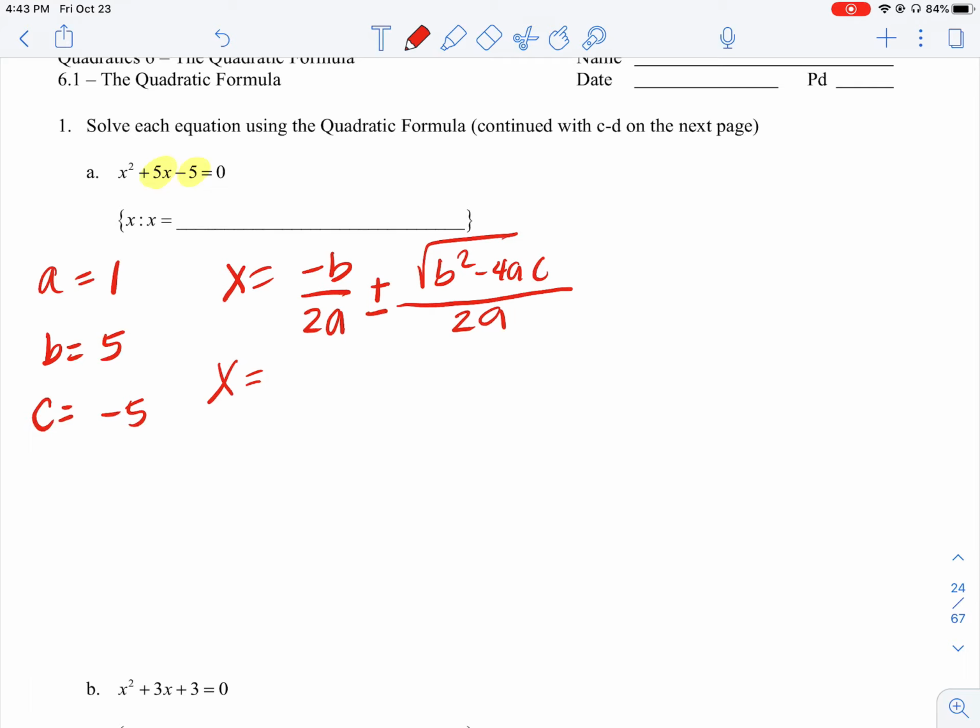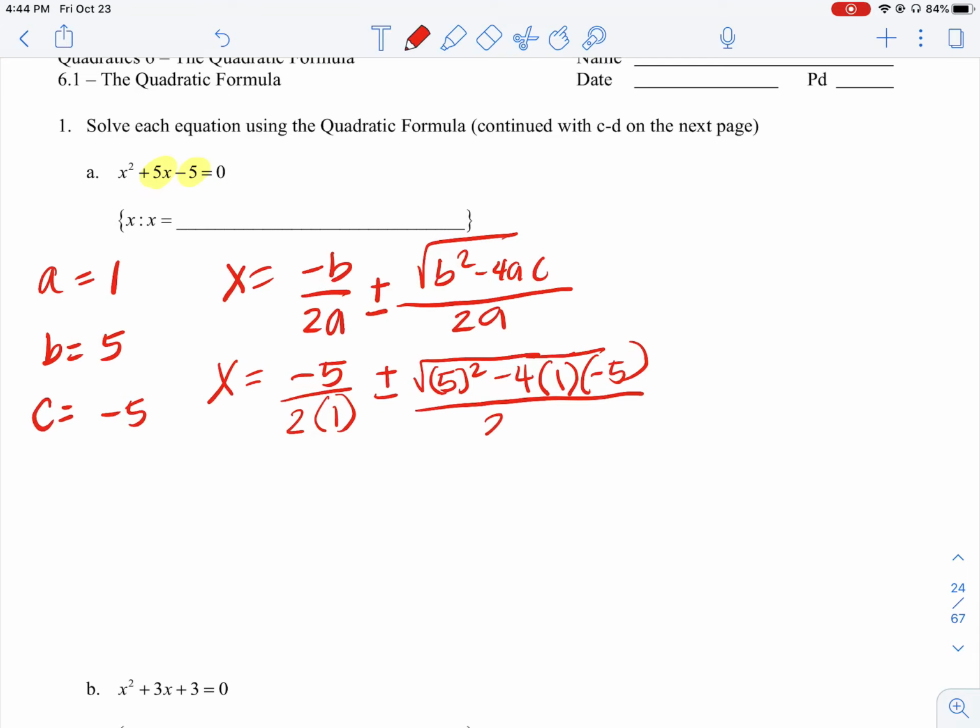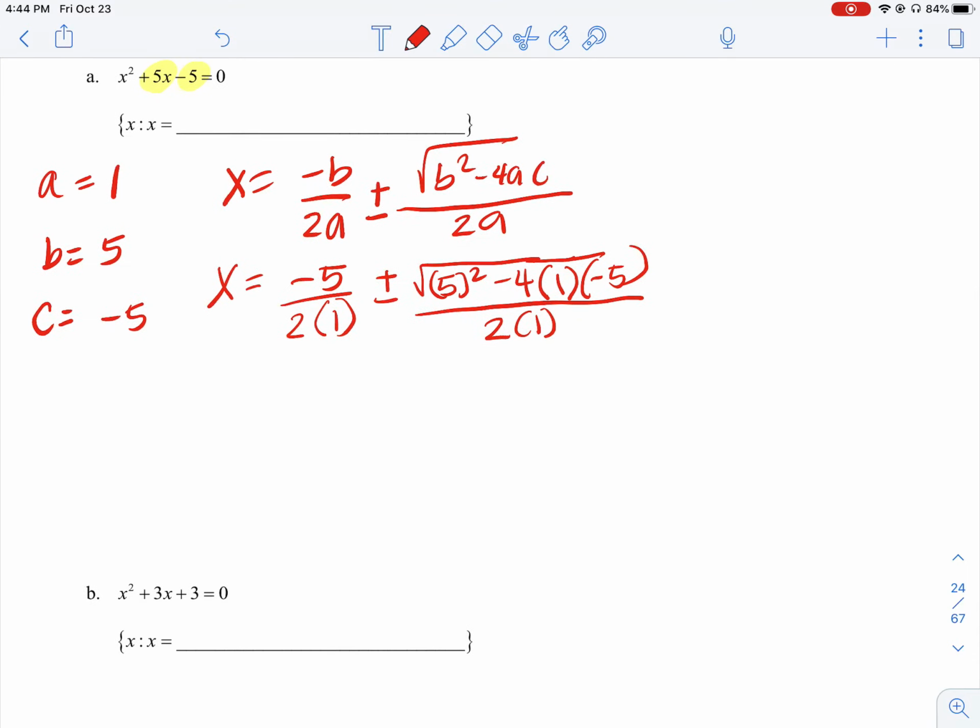So moving forward, you'll get negative 5 over 2 times 1 plus and minus the square root of 5 squared minus 4 times 1 times negative 5, all over 2 times 1. Okay, not that bad, right? All we had to do is plug in the numbers where they belong.